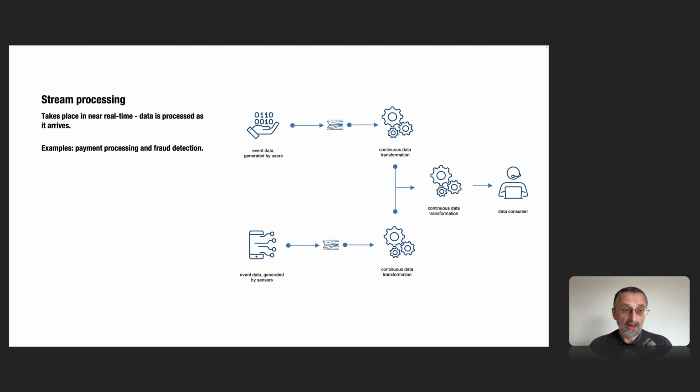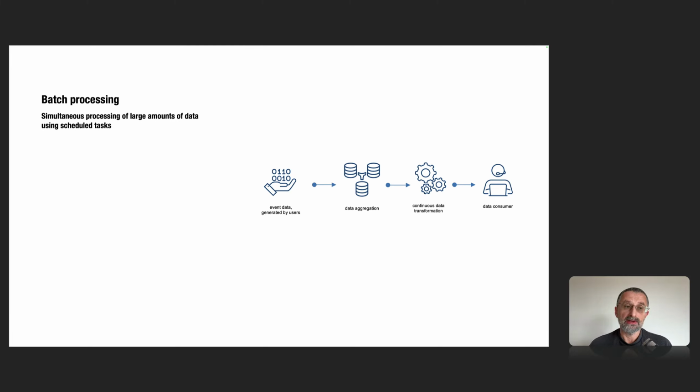Okay. There is another option. We may have data coming to us in a near real-time way. This is so-called stream processing. Examples are payment processing and fraud detection. So imagine that, for example, in batch processing, each week you would like to predict the behavior of your customer for the next week.